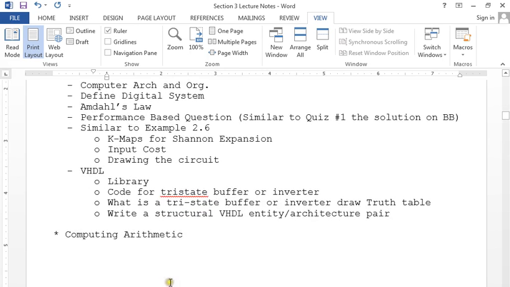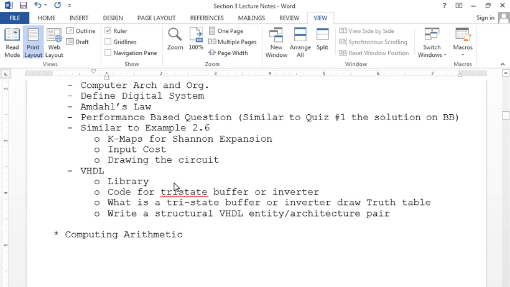Sure, but also bear in mind it's on video, so we're going to write a structural VHDL entity architecture pair for whichever one I ask you for. And I will also have a little note on the exam to include the library so you don't forget.